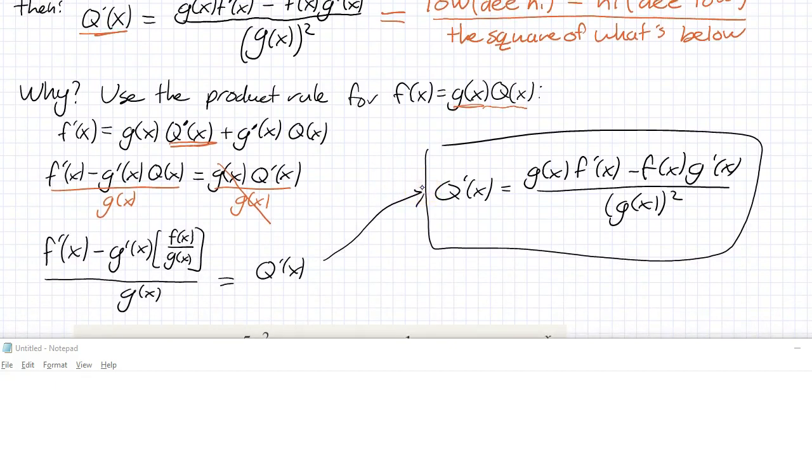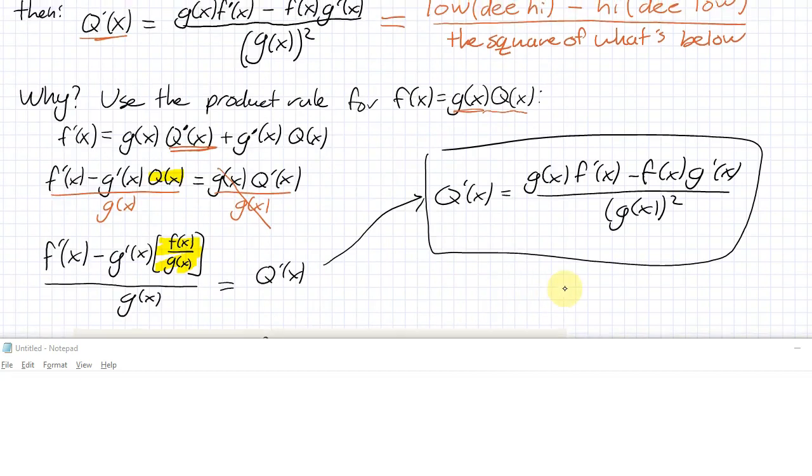And then, we also know that Q of X was defined to just be F of X over G of X in the first place. So I'm just going to make that substitution there. And then you can multiply both sides of this big fraction here by G of X. And you have to distribute it into the two terms.